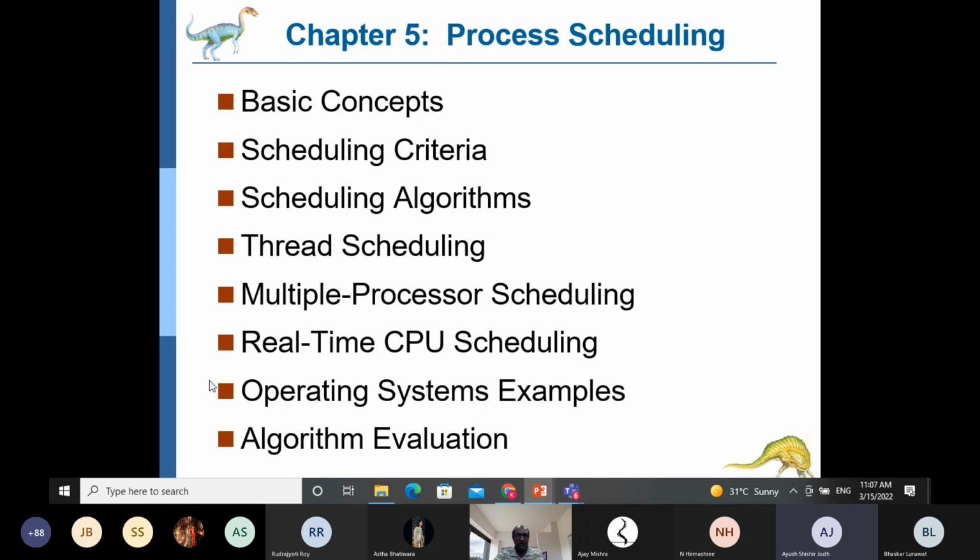If time permits, we'll go through other aspects, like in realistic operating systems like Windows, Mac OS and other Unix systems, what are the scheduling algorithms, and how these scheduling algorithms are evaluated, right? So these are the various things. Among them, whatever we can cover in these two lectures, we will wind up till that point.